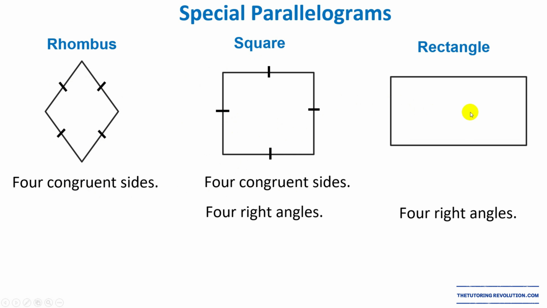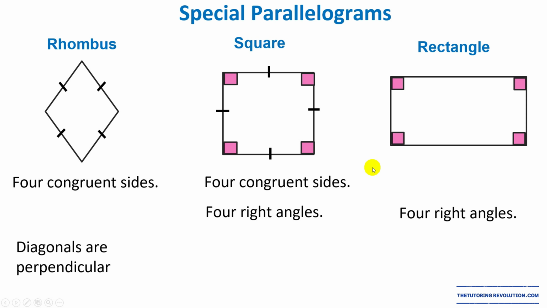The square and the rectangle both have 4 right angles, as we can see by these 90 degrees on each of the 4 angles here and here. In the rhombus, I should say, diagonals are perpendicular, meaning that this diagonal and this diagonal intersect at 90 degrees.